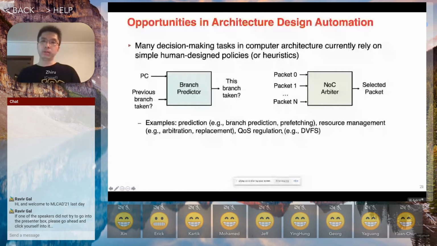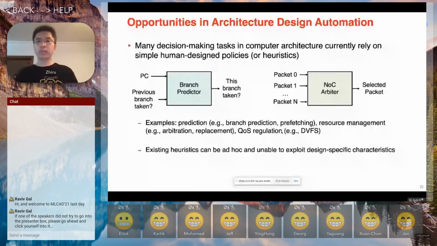These are all design decision tasks. Many existing components use simple heuristics, which in some cases can be ad hoc, or cannot really exploit design-specific characteristics to achieve high performance.